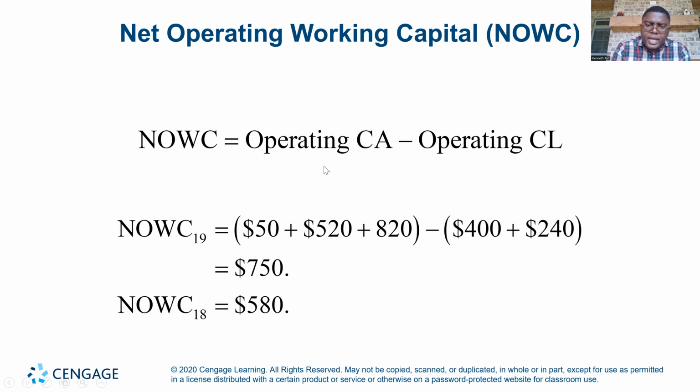We sum all of that to get our operating current assets. Then our operating current liabilities are accounts payable plus accruals. Going again to our financial statement, accounts payable is 400 million and accruals is 240 million.